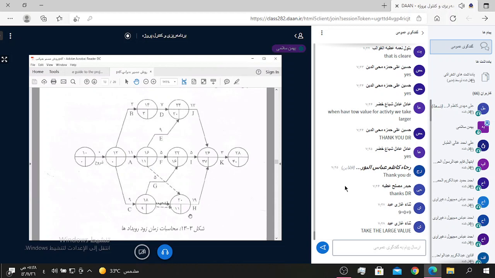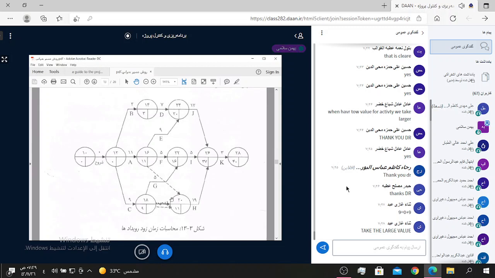If we reach a node like node 20, we evaluate every relationship and use the larger one as the ES.